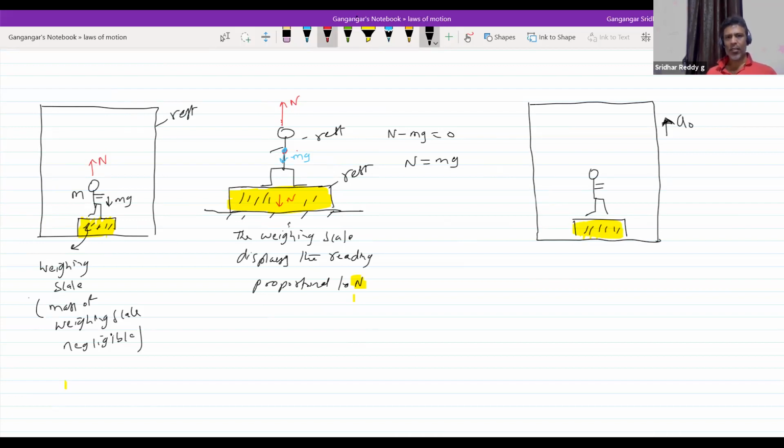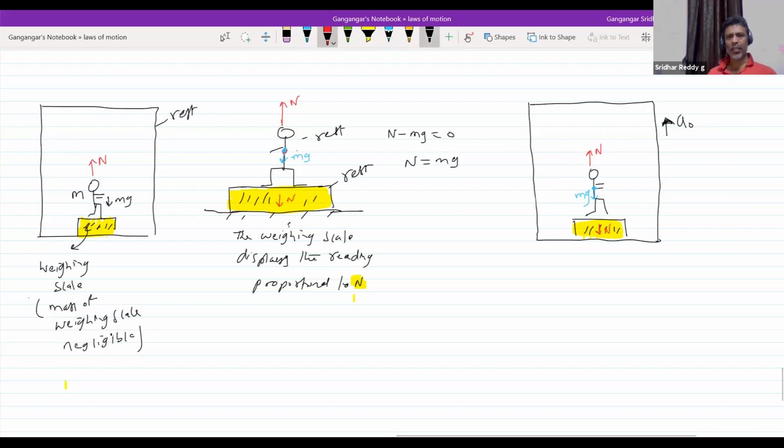So as usual, the normal contact force will act here on the person. Then mg, the weight of the person. You can do it in any frame. In the ground frame, what do you write? N minus mg equal to ma naught. In the lift frame, what do you write? N minus mg minus ma naught equals 0.